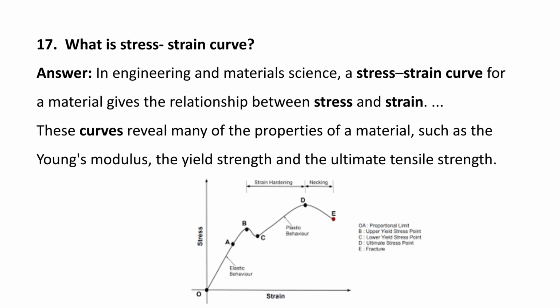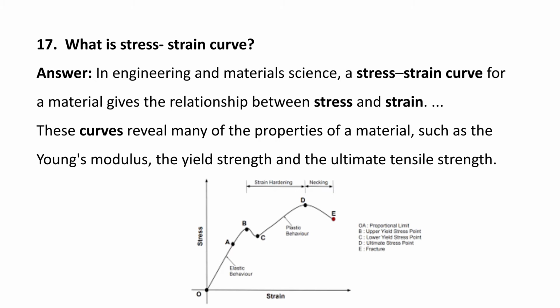Next question, what is stress strain curve? The stress strain curve will give you the behavior of a material. In engineering and material science, a stress strain curve for a material gives the relationship between stress and strain. This diagram will provide you the relationship between stress and strain.